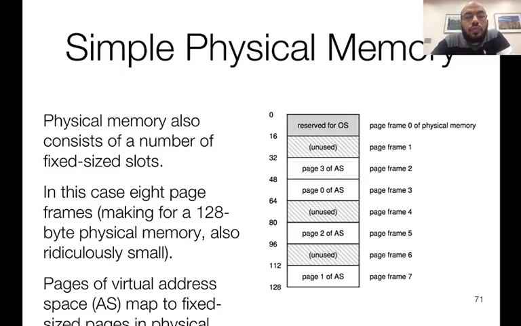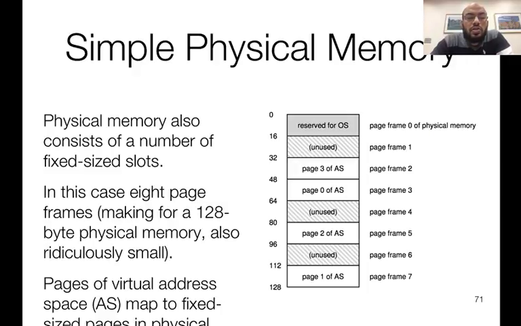In this case, you have that your physical memory has 8 pages, and you're going to map your 4 virtual pages to these 8 physical pages. Again, this is a ridiculously small example, right?